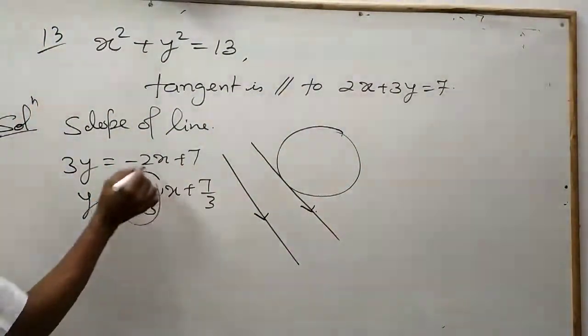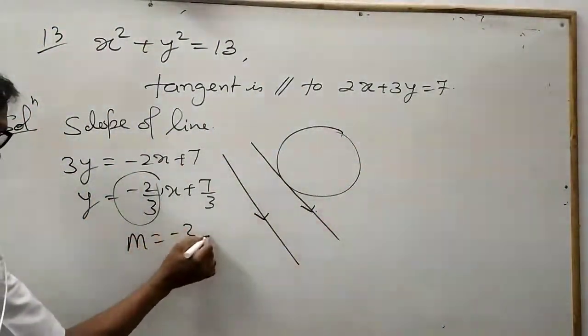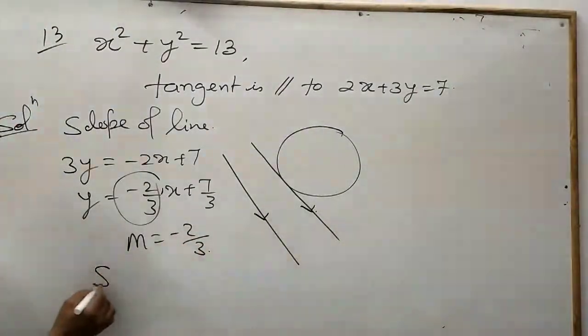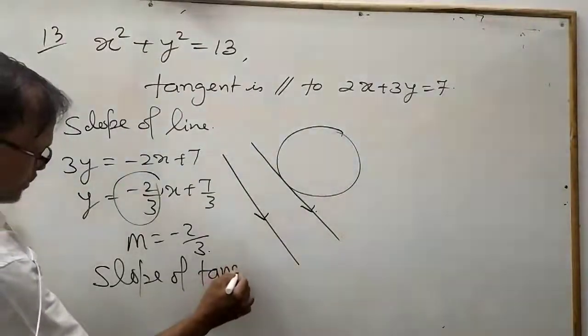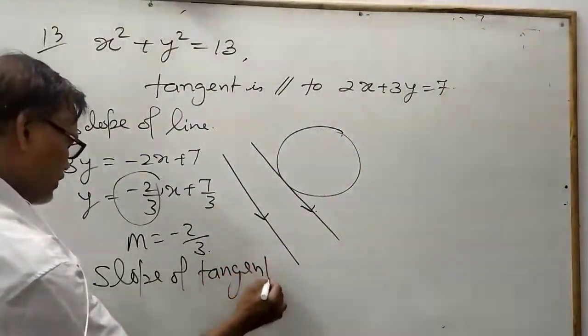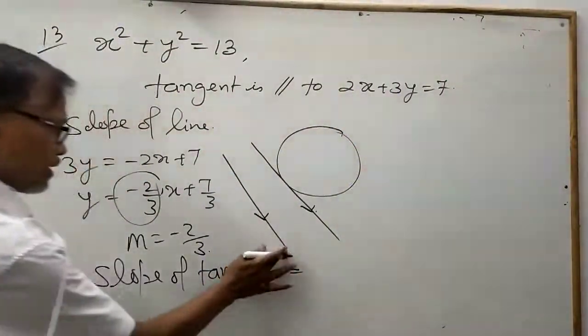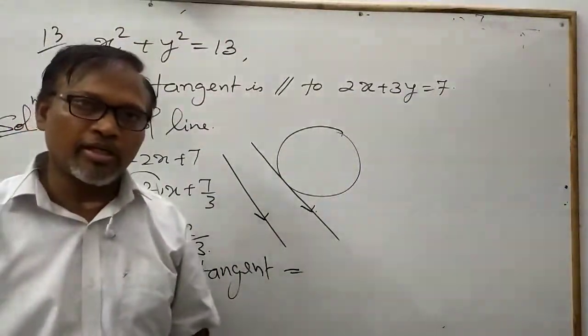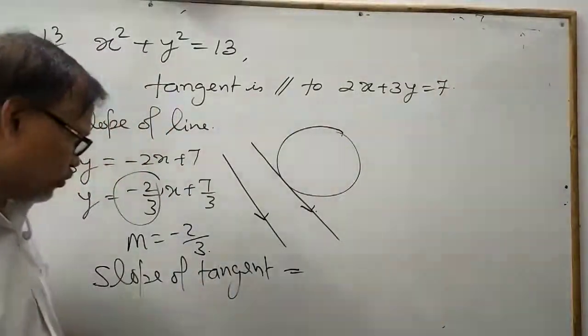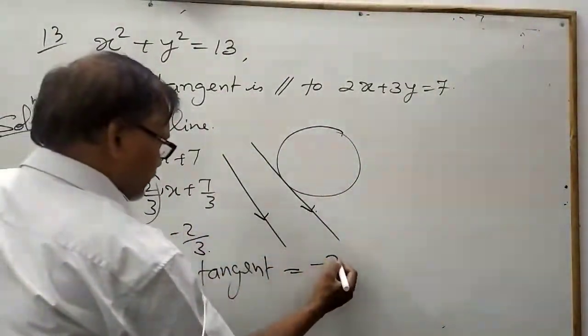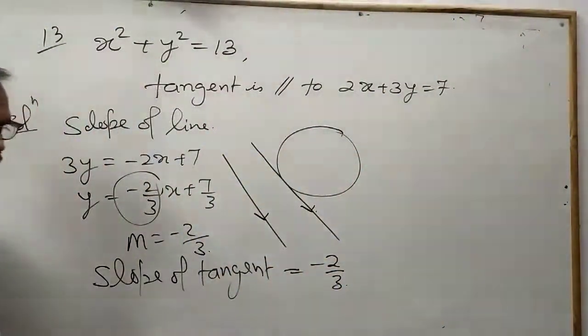So this is the slope. So m is equal to minus 2/3. So what is the slope of tangent? Can you tell? Because 2 lines are parallel, so condition of parallelism, m1 is equal to m2, means both will be same, minus 2/3. Clear?